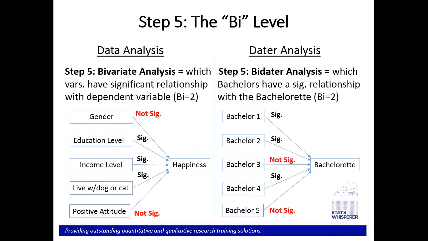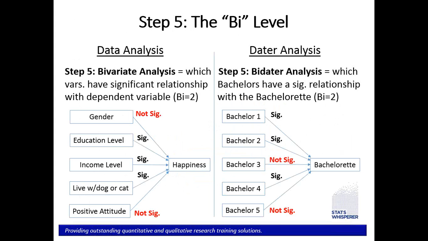You can see Bachelor 3 says not sig, not a significant relationship. So this is all by consideration of one-on-one significant relationships. Now the ones that don't have a significant relationship are eliminated in the bachelorette show and do not progress to the next round. And that's pretty much the same with bivariate analysis in data analysis.